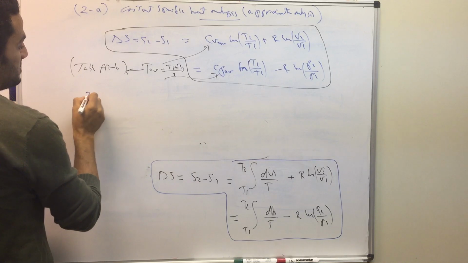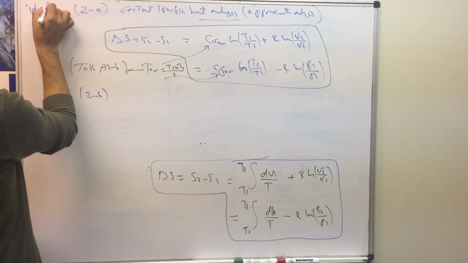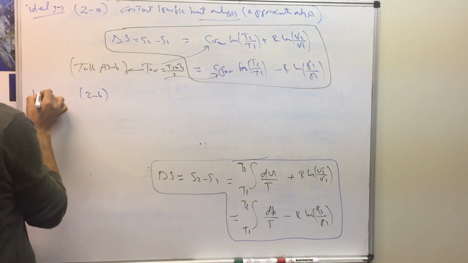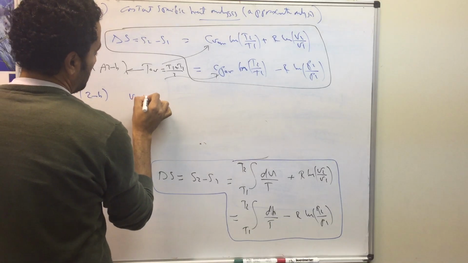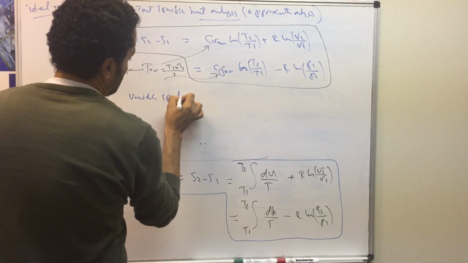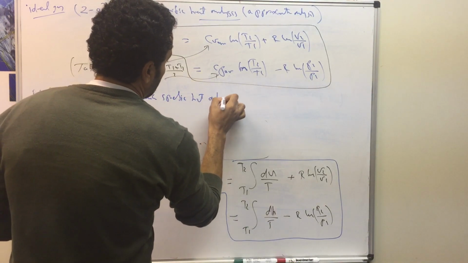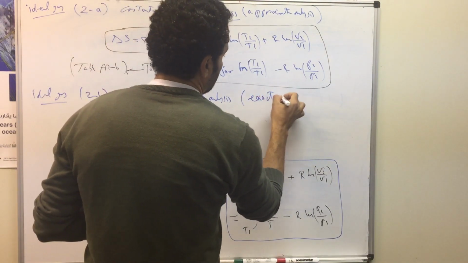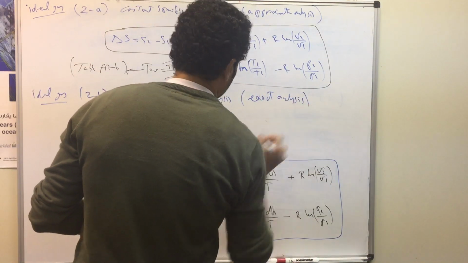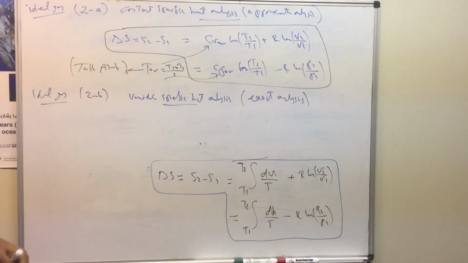The second special case, when we do have an ideal gas, this is still an ideal gas, is when we consider the variable specific heat analysis, which is called the exact analysis. This means in this case delta U will equal the integration of C_v dT, and we have to do this integration.